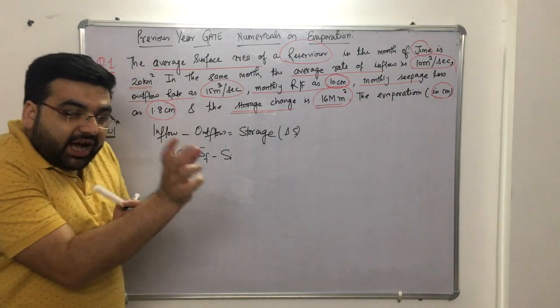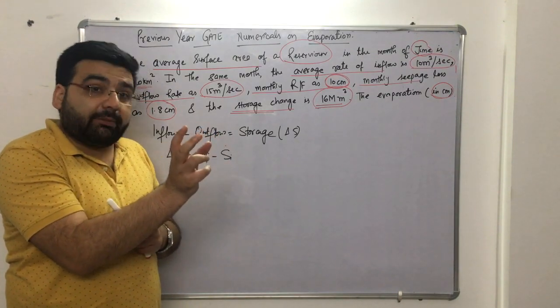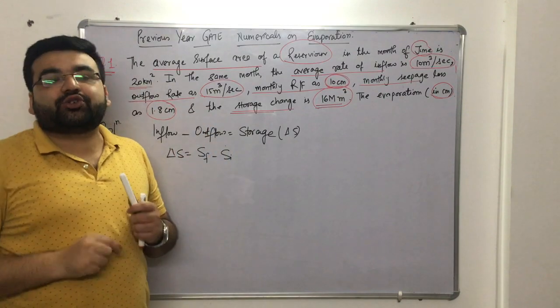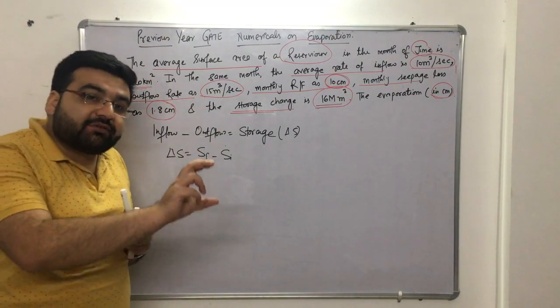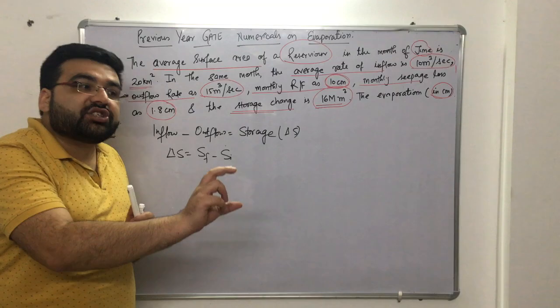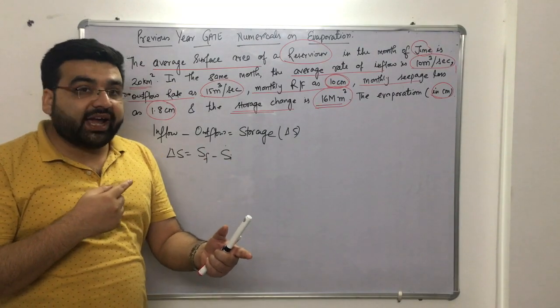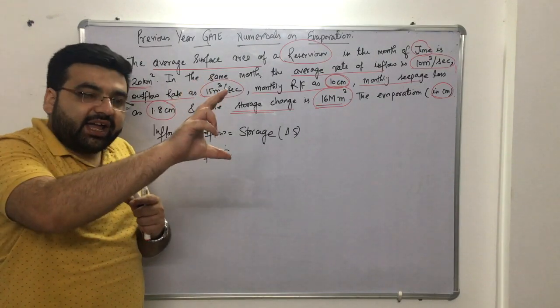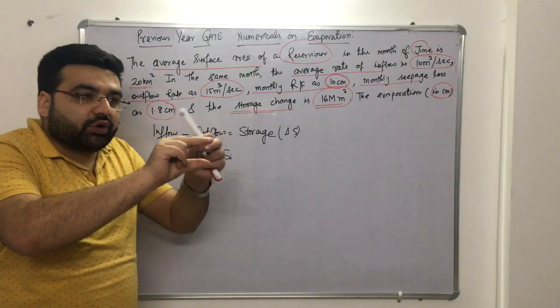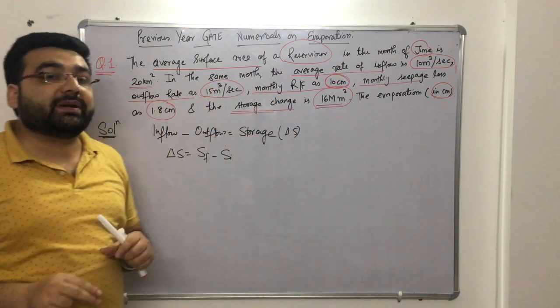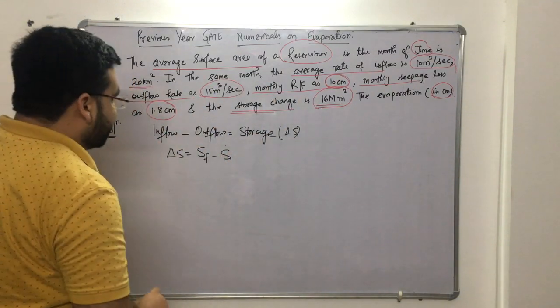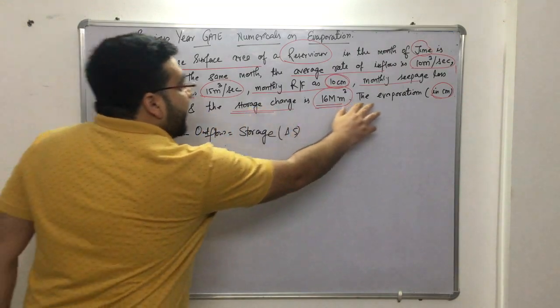From where is that extra 5 meter cube per second coming? That is coming from the storage actually. So if that is coming from the storage, the change in storage would be negative. Why? Because earlier the storage was high and then it has decreased so that it could give you again an extra 5 meter cube per second. Now let me explain how it has come, right? So now we have to determine the evaporation.